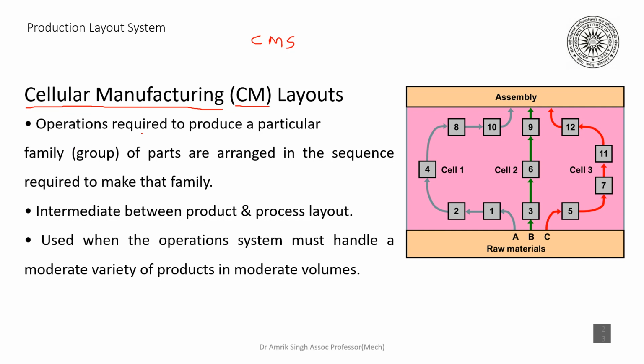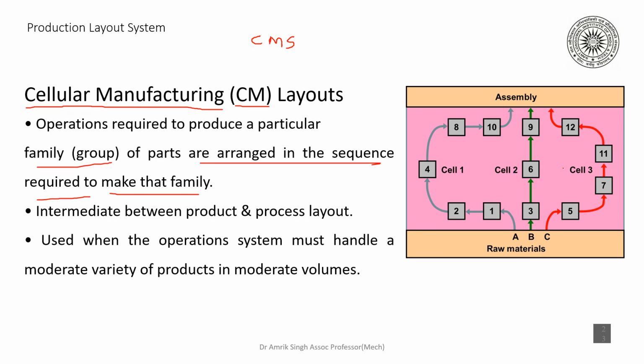Operations required to produce a particular group or family of parts are arranged in the sequence required to make that family. So you see here it is cell 1, cell 2, and here cell 1, cell 2, cell 3.